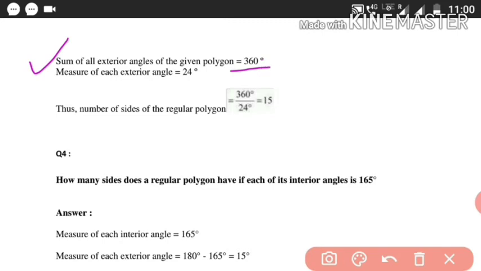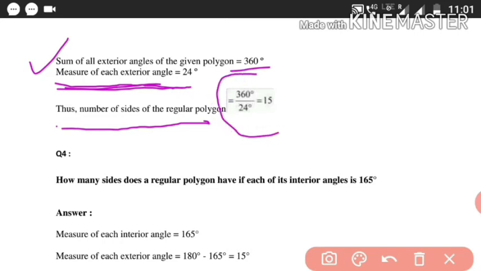Now the measure of each exterior angle is 24 degrees, so all the exterior angles will be 24 degrees. Thus the number of sides of a regular polygon is equal to 360 divided by the exterior angle. So 360 divided by 24 is equal to 15. That means there are 15 sides.